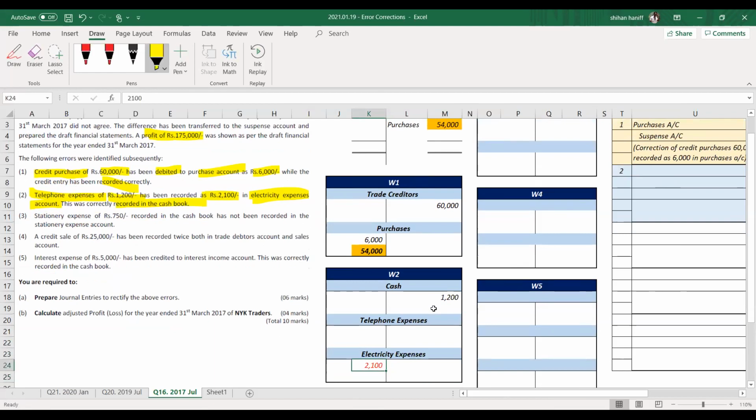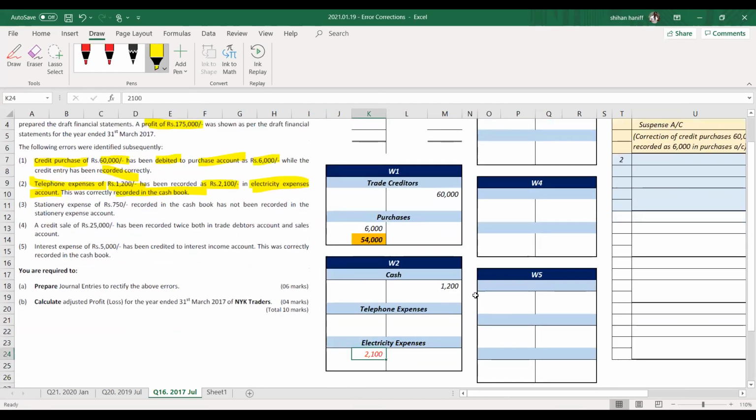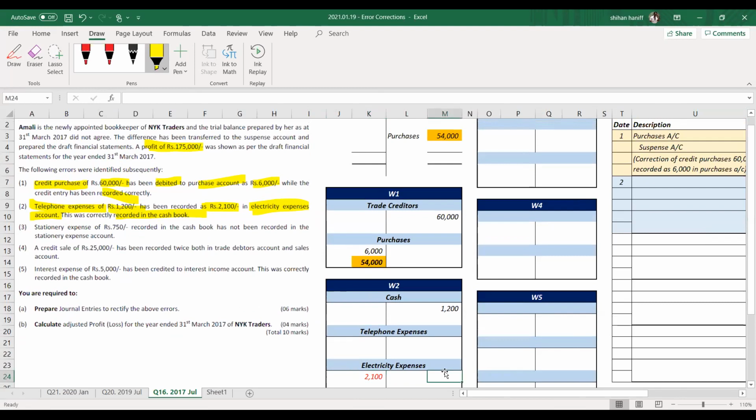How do you correct this? So first you have to remove this 2100. Telephone expense, you have to debit 1200.